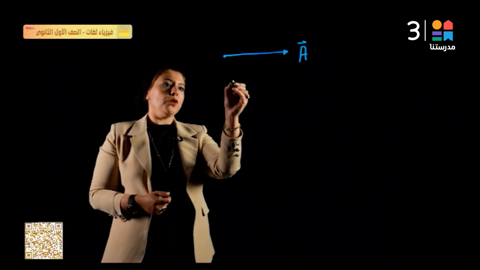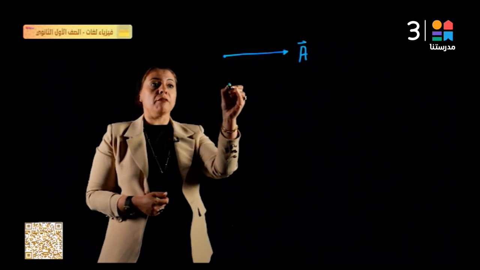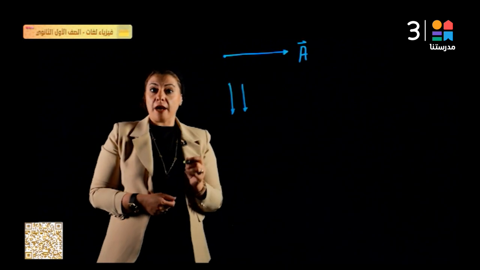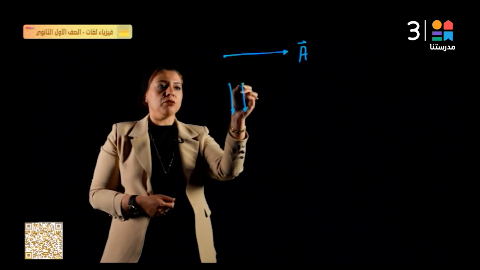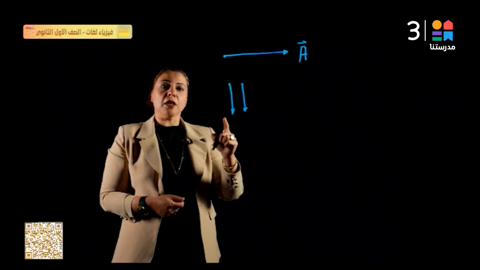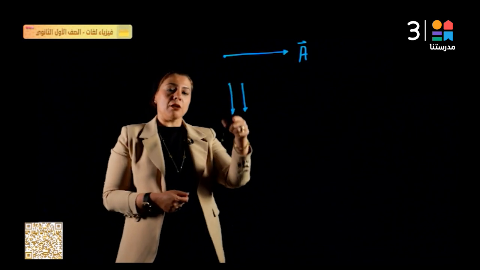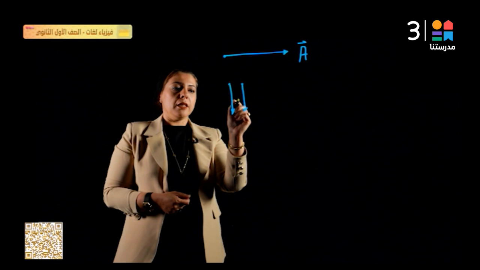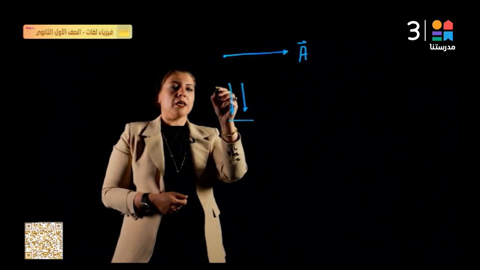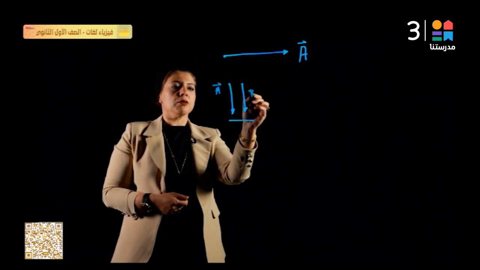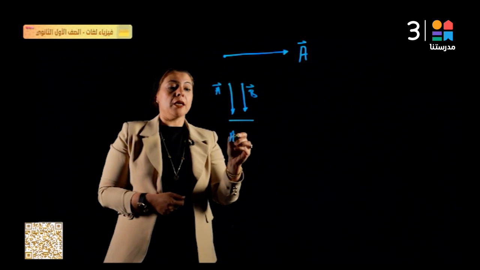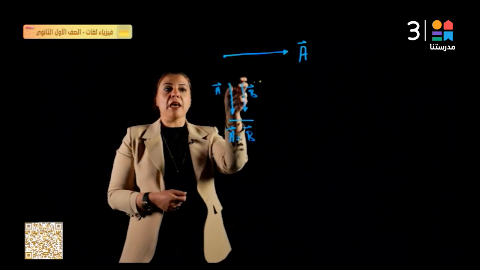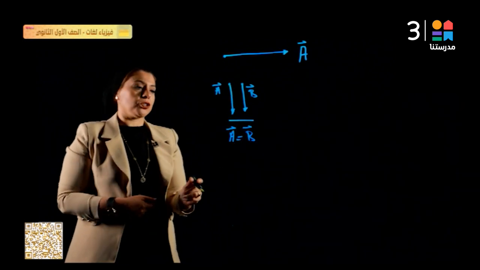Then we said the condition to have two equal vectors is that they have the same magnitude, which means if we represent vectors by arrows like this, they should have the same length. In this case, if this is vector A and this is vector B, we can say vector A equals vector B, because they have the same magnitude and the same direction.